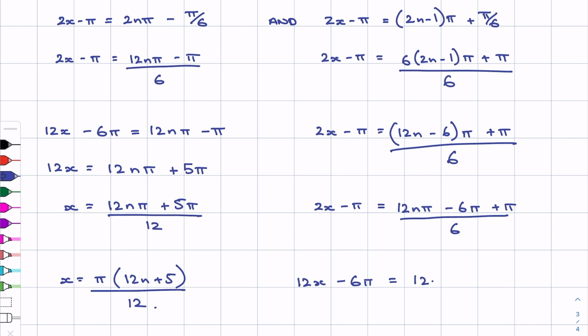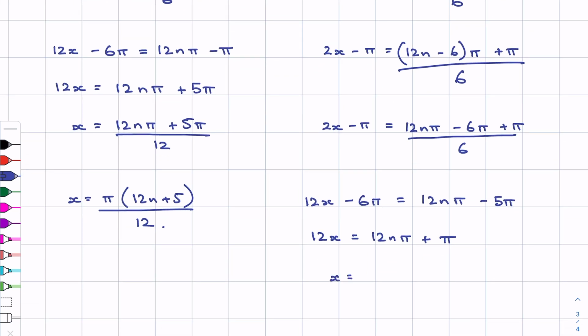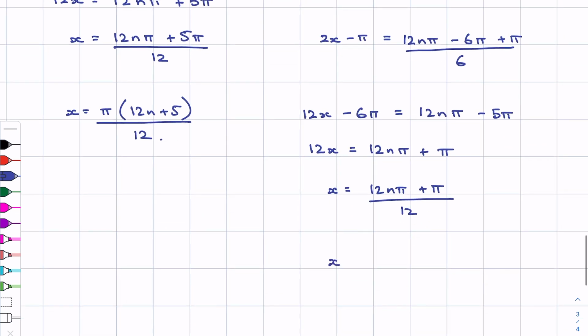And then I've got 12n pi minus 5 pi, 12n pi plus pi, once I bring that across, and then x equals 12n pi plus pi on 12. Rewrite this a little bit further. Take pi out as a factor in the numerator. And there we have our general solutions.